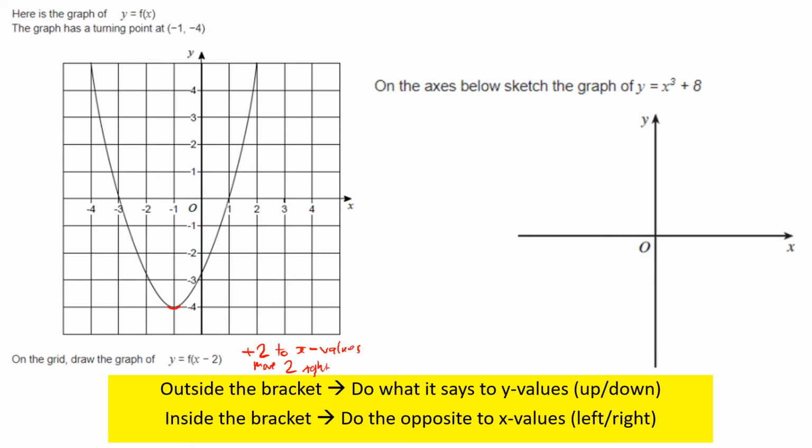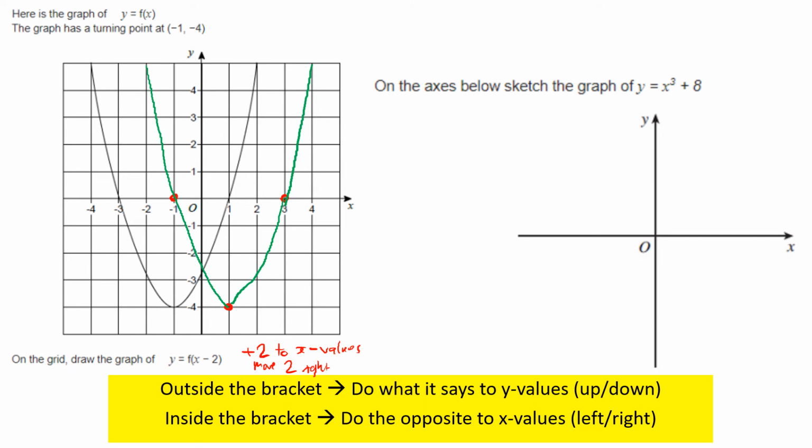So the lowest point of our graph will now be here. This point where it goes to the x-axis at 1, that will now be at 3, goes through at -3, that will now be at -1. And so our reflected graph, let's draw that a little bit better, will look something like this, or even better.